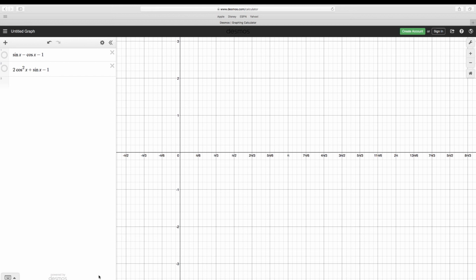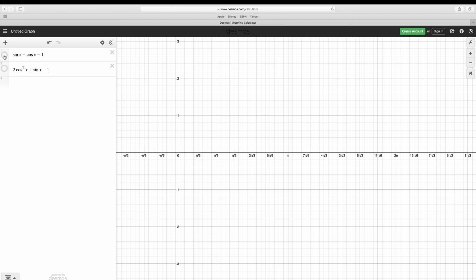All right, so this is just a quick look at how we can use a graph to check the solutions that we got. So we'll look at two of the equations we did. We'll look at the very last one we did: sine x minus cosine x equals 1. That was the original equation. I just moved the 1 over so that we can easily see the zeros on this graph.